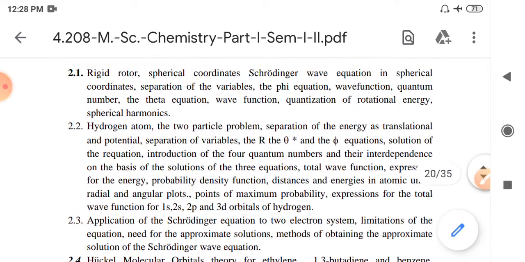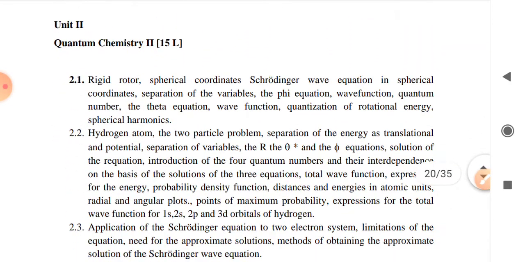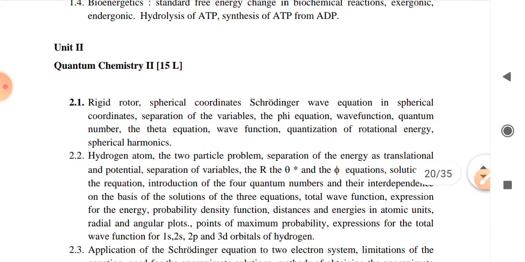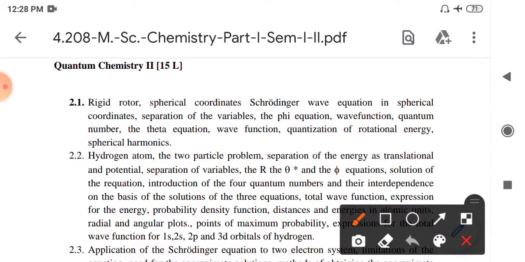First of all we will start with quantum chemistry. In quantum chemistry there are three important parts. One is the rigid rotor. In the rigid rotor we will see the Schrodinger wave equation in spherical coordinates.